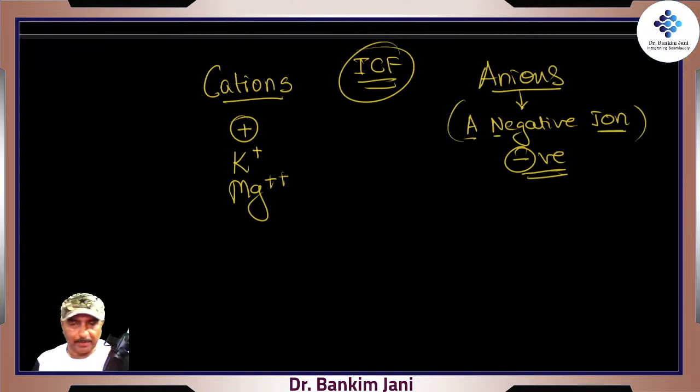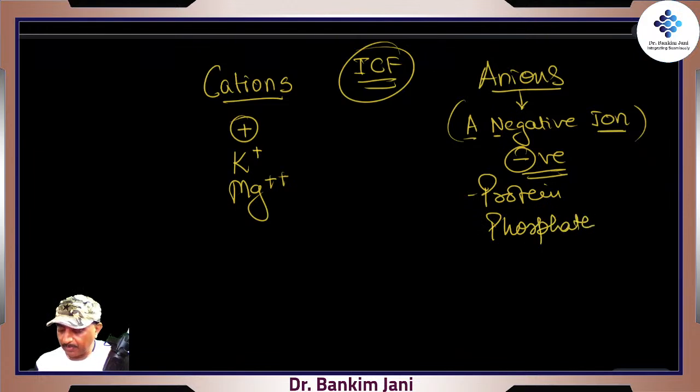It is superb, it's rocking, all such concepts. But today's concepts will be helpful at all levels. And negative, say some proteins, right? Big proteins, they are negative. Then phosphates, organic phosphates, so they are negative. So that is anion and cation.